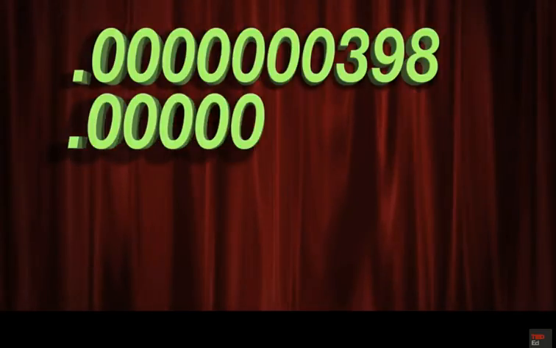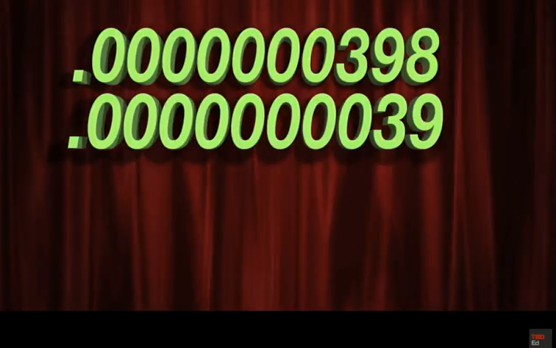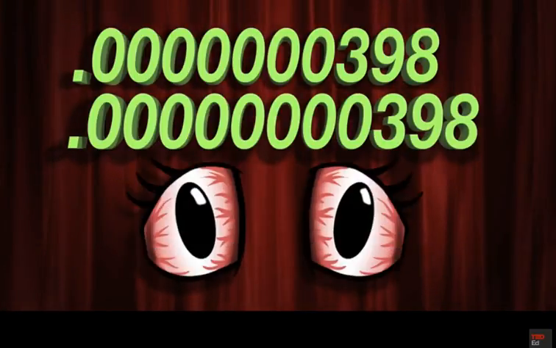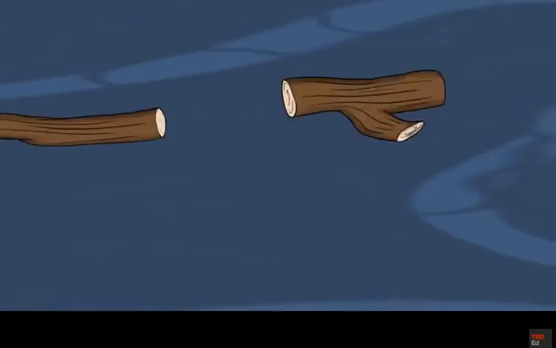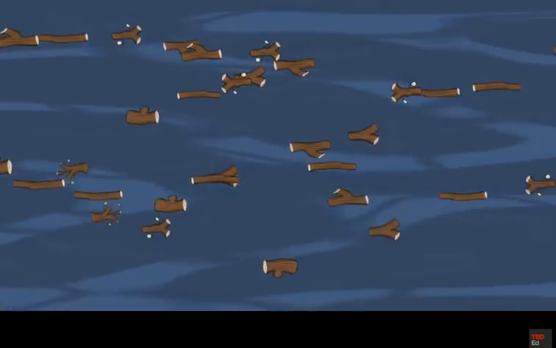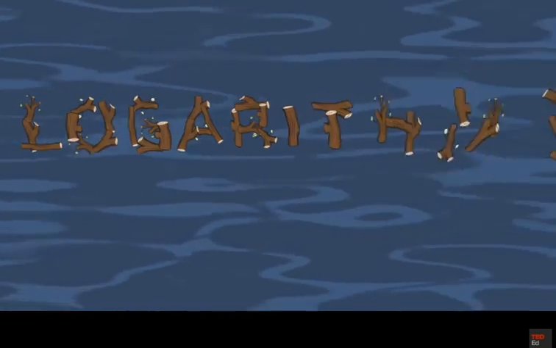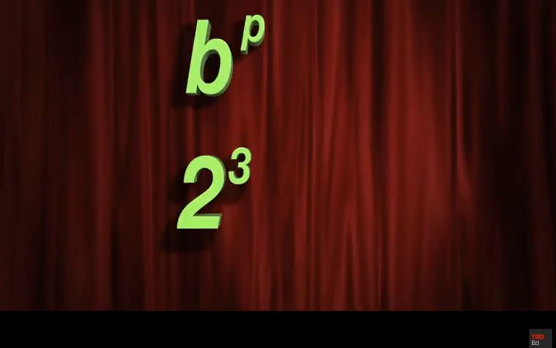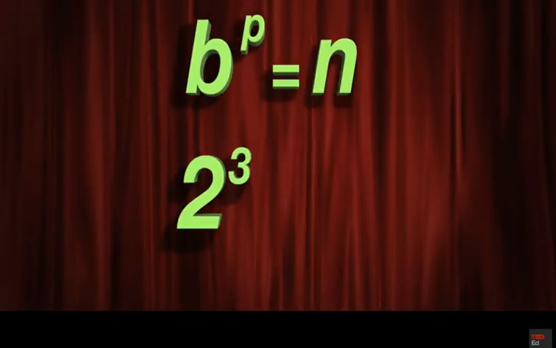How does the difference between two tiny decimal numbers cause one to have red eyes after swimming? To answer this, we first need a way of dealing with rather small numbers, or in some cases extremely large numbers. This leads us to the concept of logarithms. Well, what are logarithms? Let's take the base number b and raise it to a power p, like 2 to the third power, and have it equal a number n.